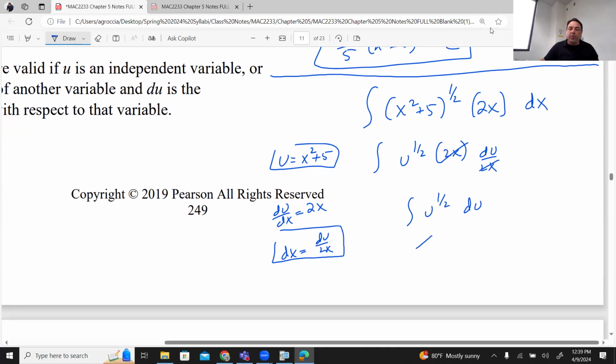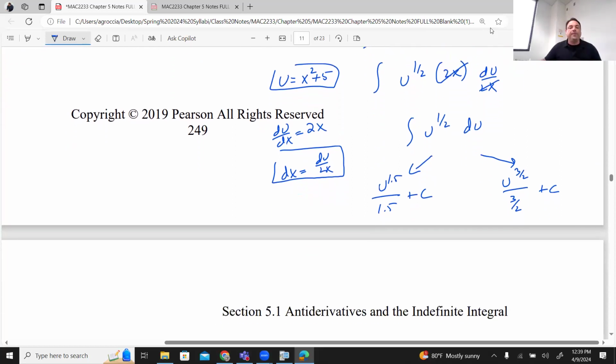Now, I'm going to do this both ways, not to confuse you, but there really are two ways. If you want to do it as a decimal, this will be u to the 1.5 over 1.5 plus c, no problem. Or as a fraction, u to the 3/2 over 3/2 plus c. Same thing. Don't let the fraction decimal thing throw you off.